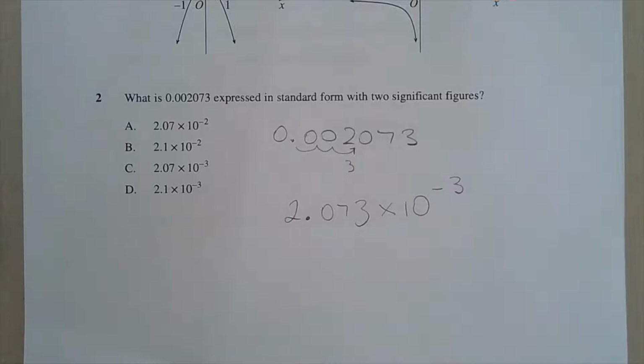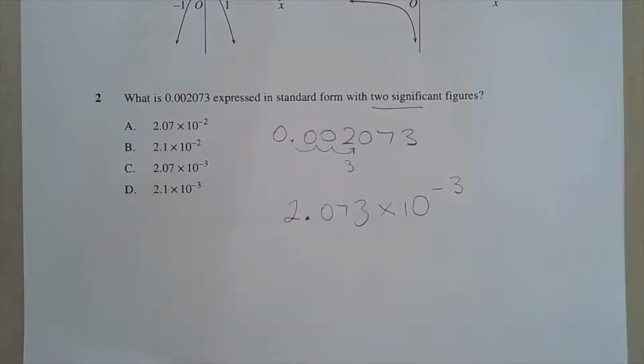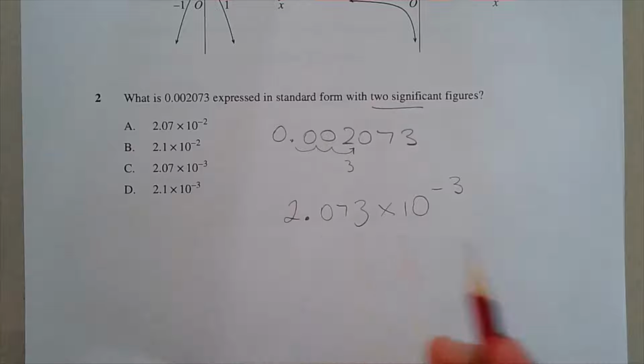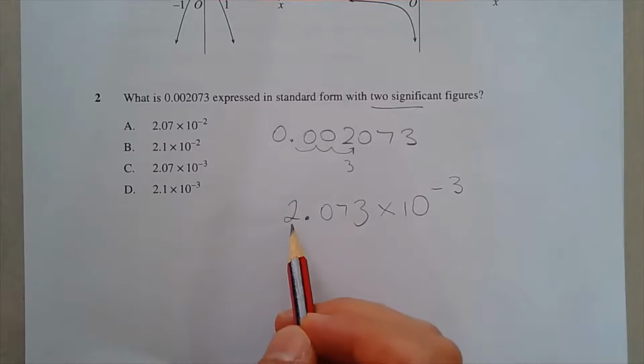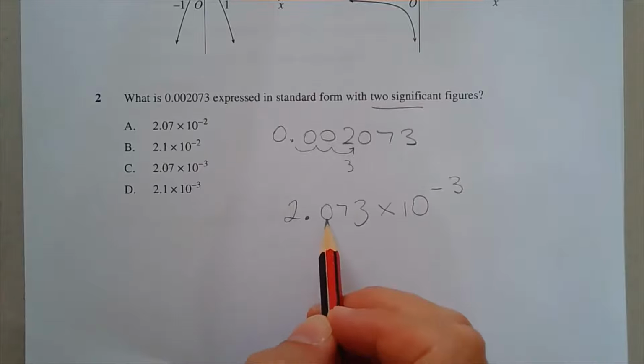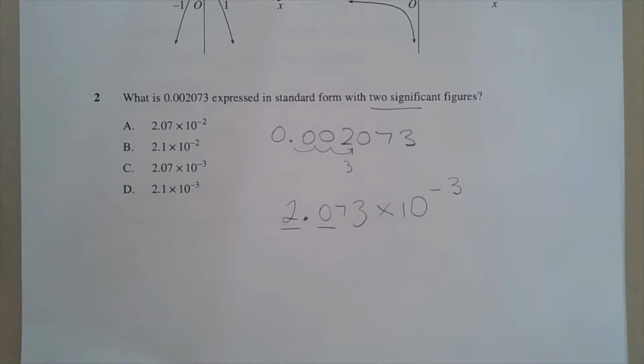Now, we haven't quite answered the question. We still need 2 significant figures, so we need to round our number in scientific notation. 2 significant figures means starting from the first non-zero digit, which here is the 2. So it's going to be 2.0 or 2.1. What I like to do is underline the significant numbers, the important numbers.